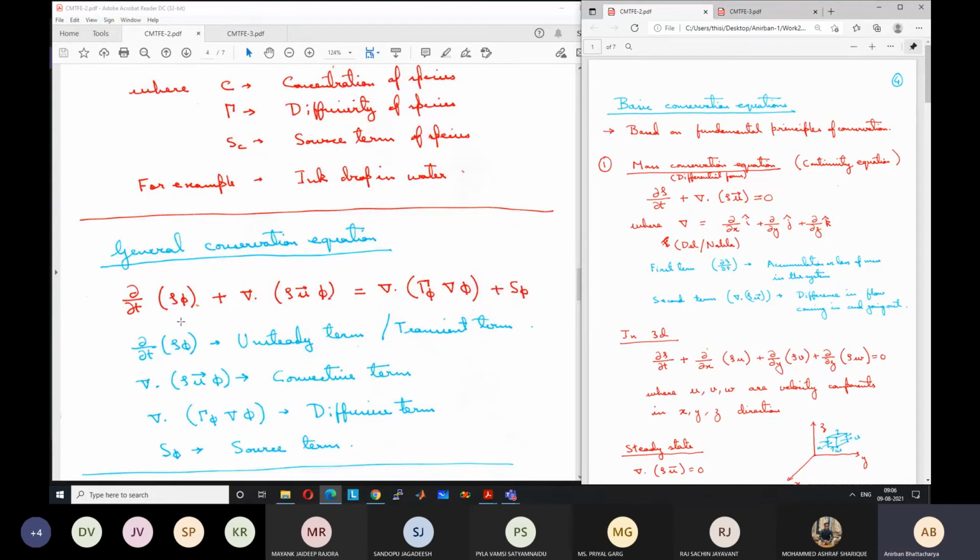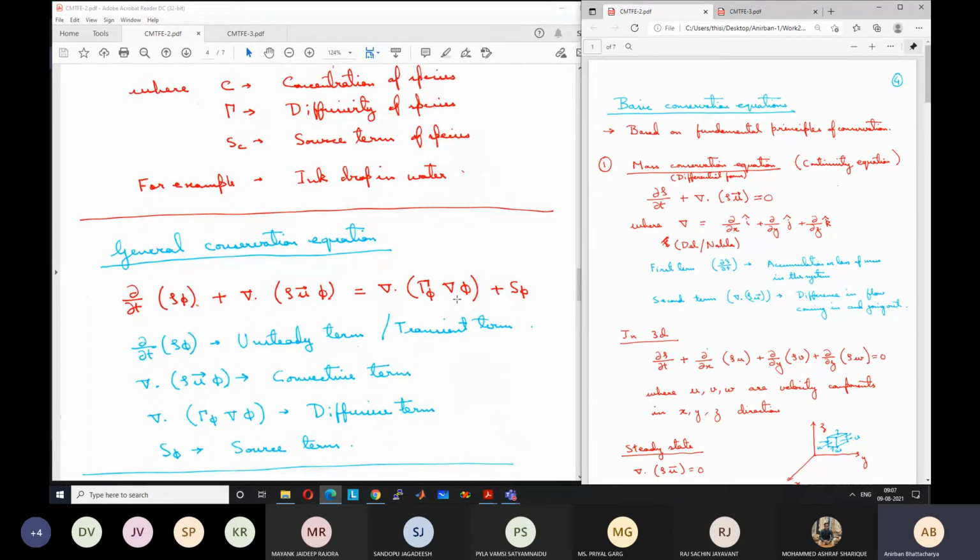Then the third term is the effect of diffusion. Without velocity also, the parameter diffuses, goes from one place to another because of concentration gradient. So this is given by del dot gamma del phi. And if there is any source term or sink term for the parameter, like some heat is generated, then we will have a source term in the energy equation.